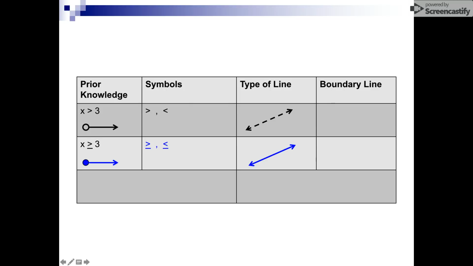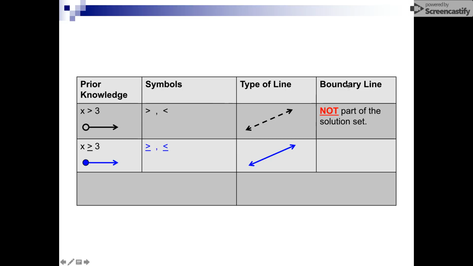The boundary line is this line. Now, if it is a dashed line, it's similar to an open circle, and the points that are on this line are not part of the solution set. Just like 3 in our original inequality was not part of the solution set, the points that are on the boundary line are not going to be part of the solution set there.